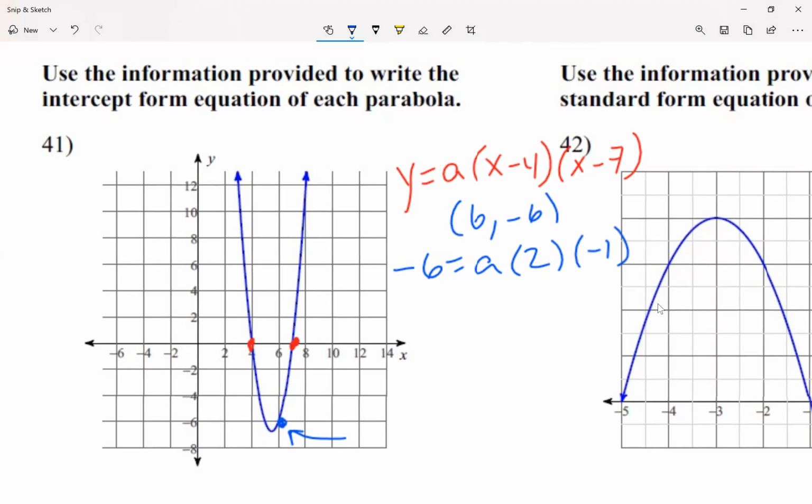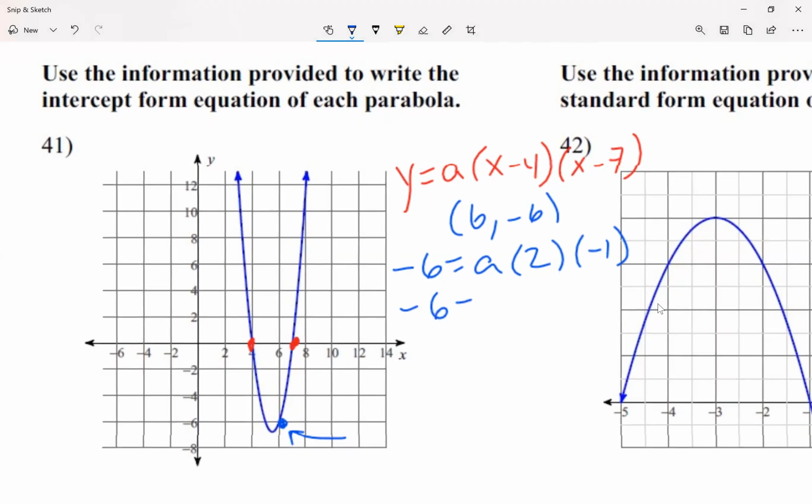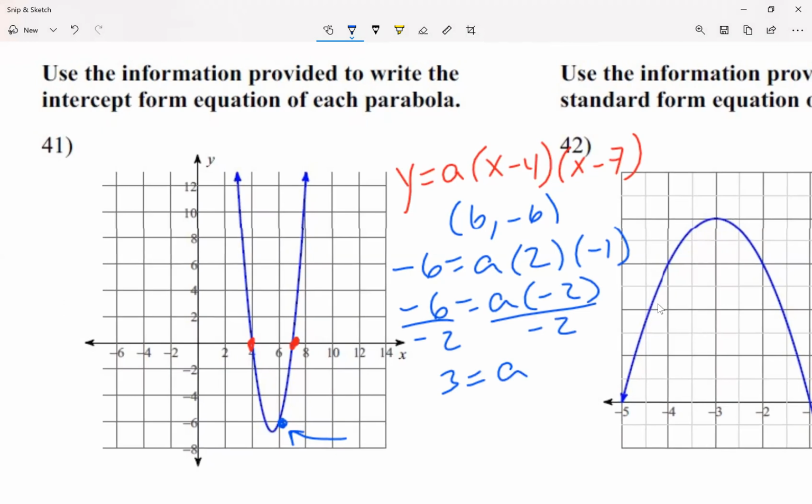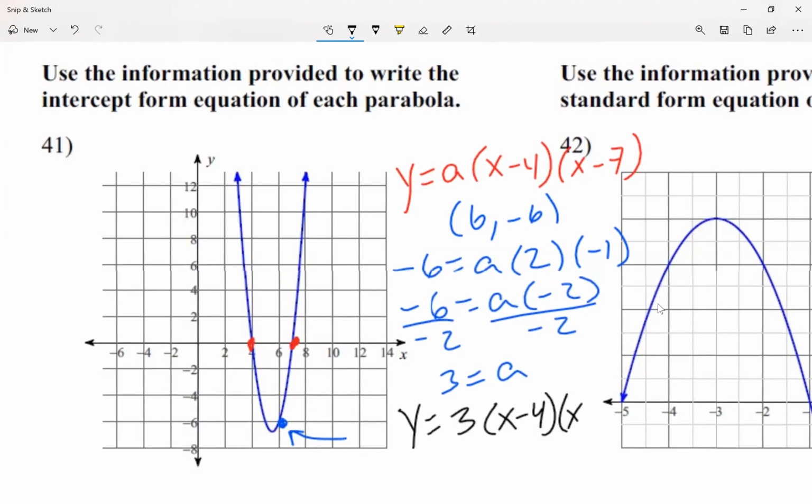Multiply the parentheses at the end. So I have -6 is equal to a times -2. Once I divide both sides by -2, I find out that a is equal to 3. So my answer will be y equals 3(x minus 4)(x minus 7).